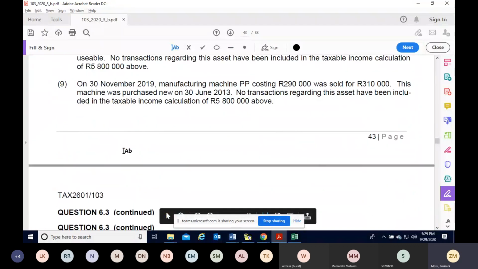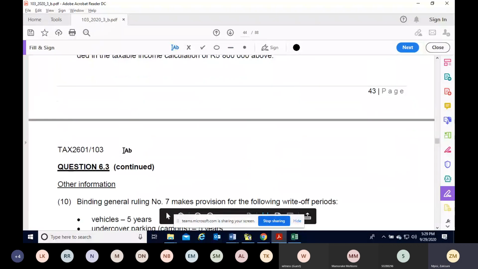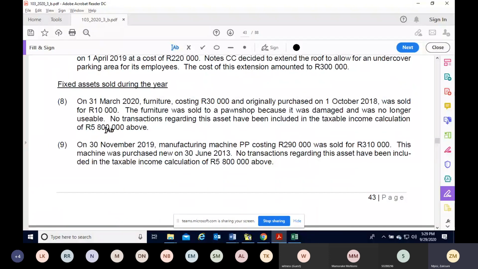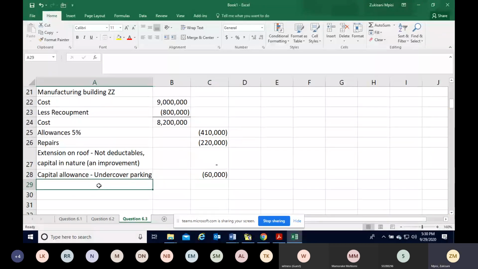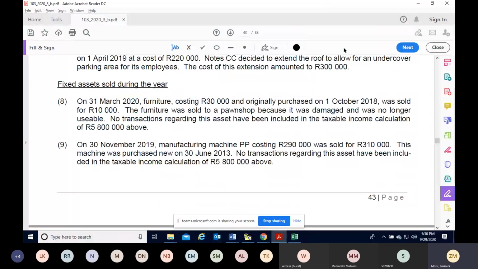Assets that were sold in this year: we've got furniture costing 30,000. In this case, it was sold to a pawn shop because it was damaged and was no longer usable.